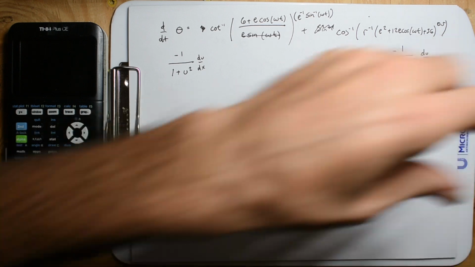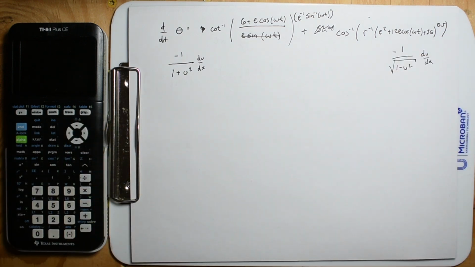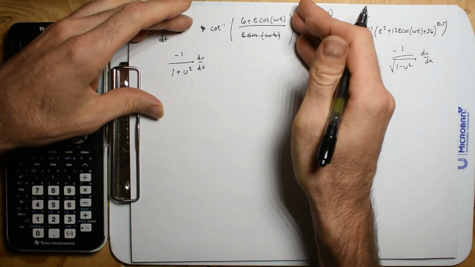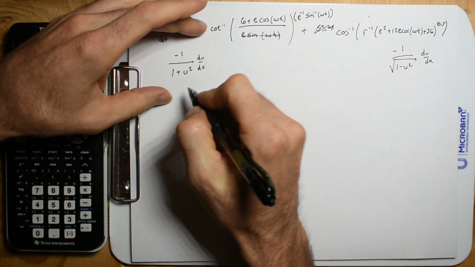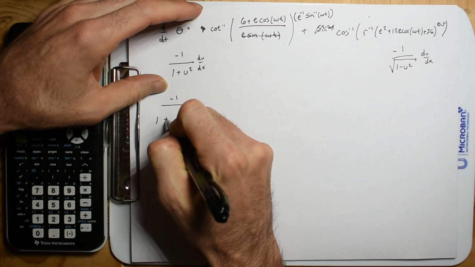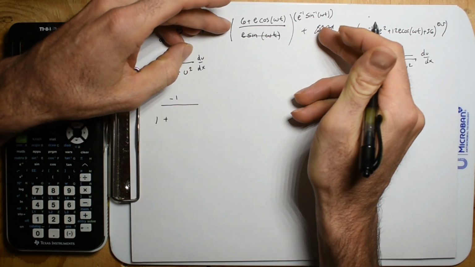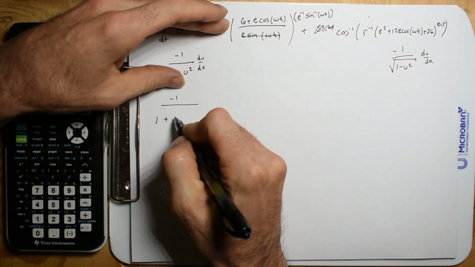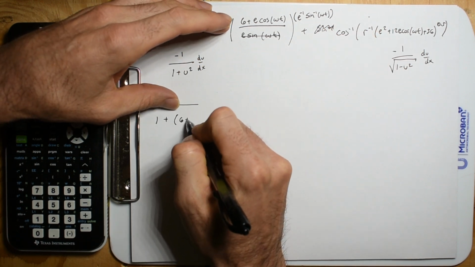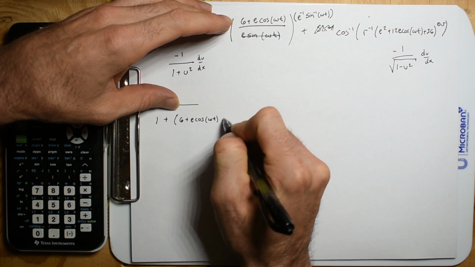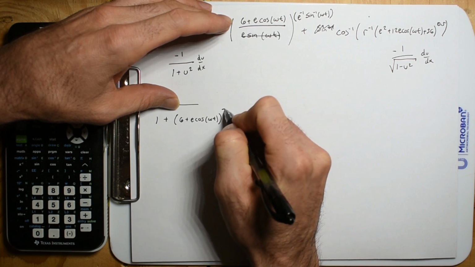So let's try to do this as best we can. Let's dive right in. We're going to have -1 divided by 1 plus this whole thing squared. So we're going to have 6 plus e cosine omega t, and this gets squared.